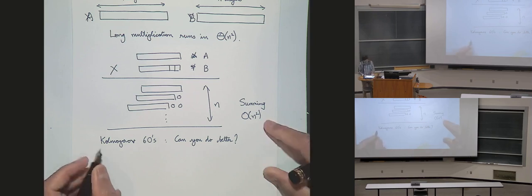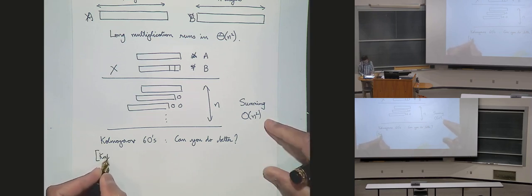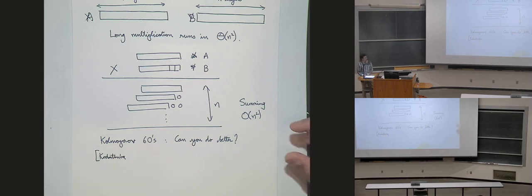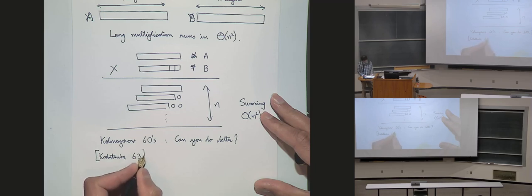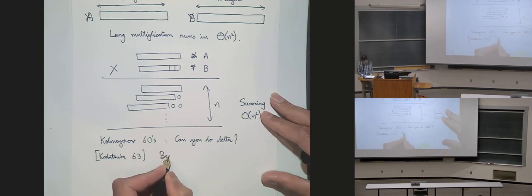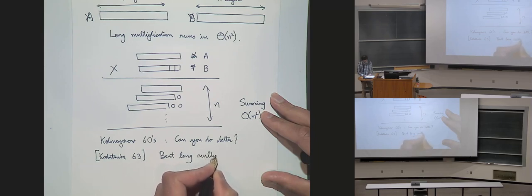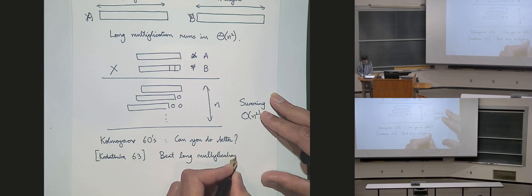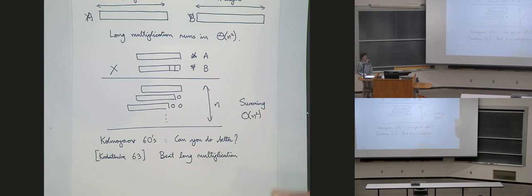And there was an undergraduate student sitting in the audience, Karatsuba, and in '63, he beat long multiplication. It was a shock that you could actually do something better than long multiplication.